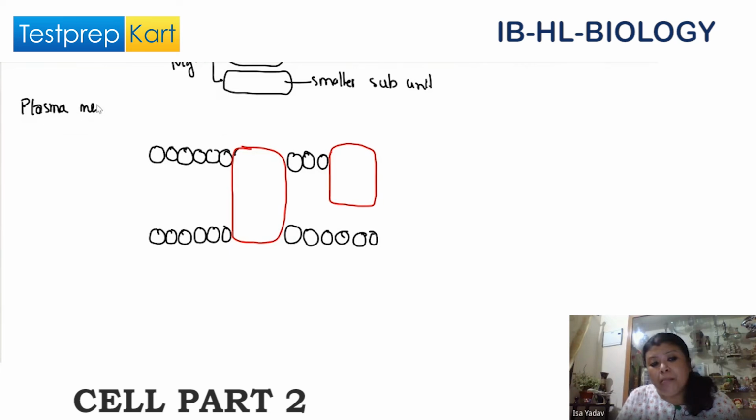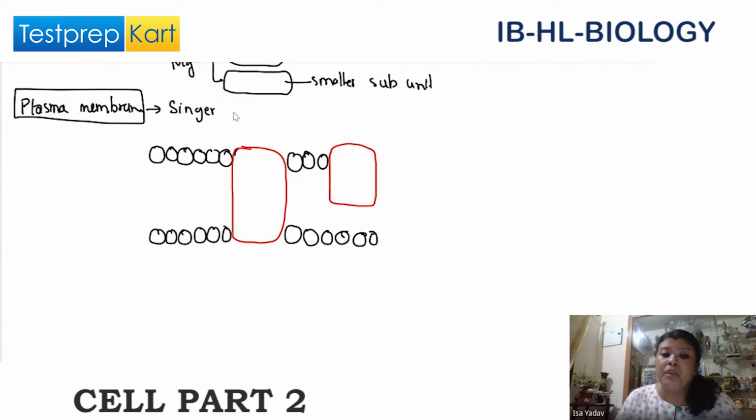The plasma membrane structure, the bilipid layer structure, was given by Singer and Nicholson.